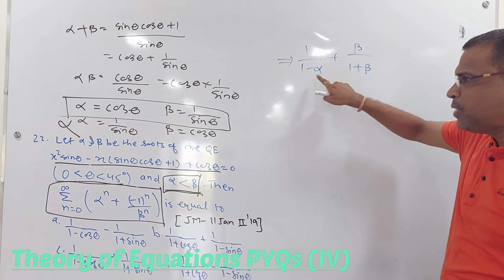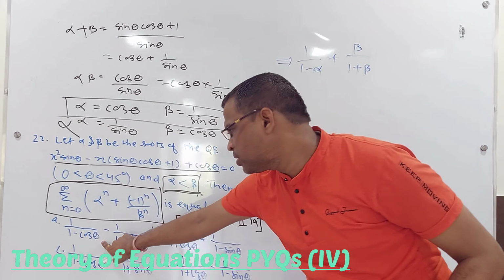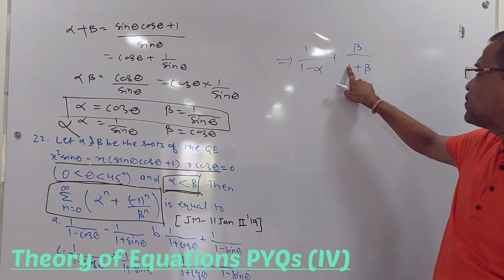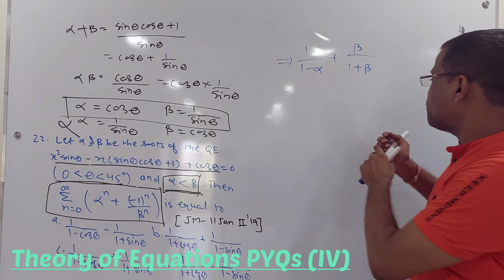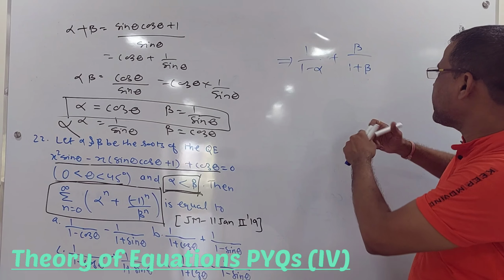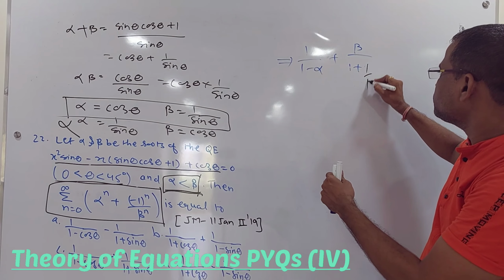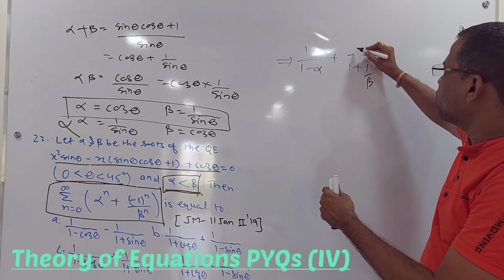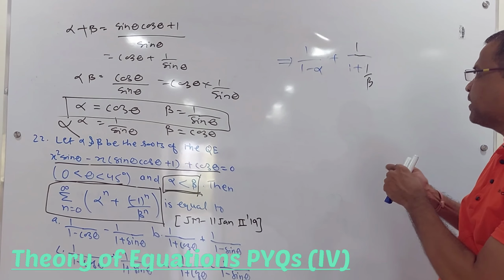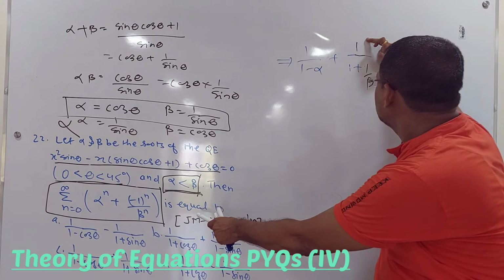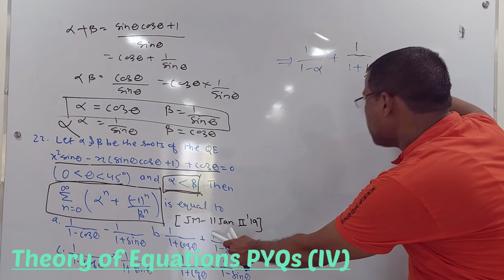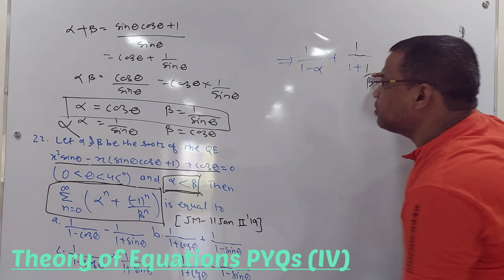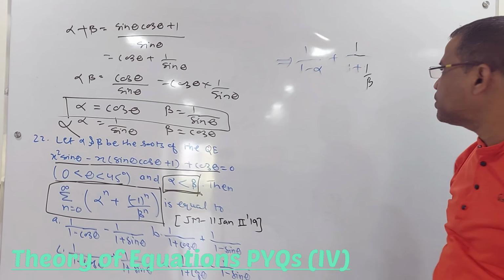Okay. So 1 upon 1 minus cos theta plus, this is this, or suppose if you remember it was something like this in the beginning. So I am getting this answer: 1 upon, check out 1 plus 1 upon beta. Check out which answer you will pick up.